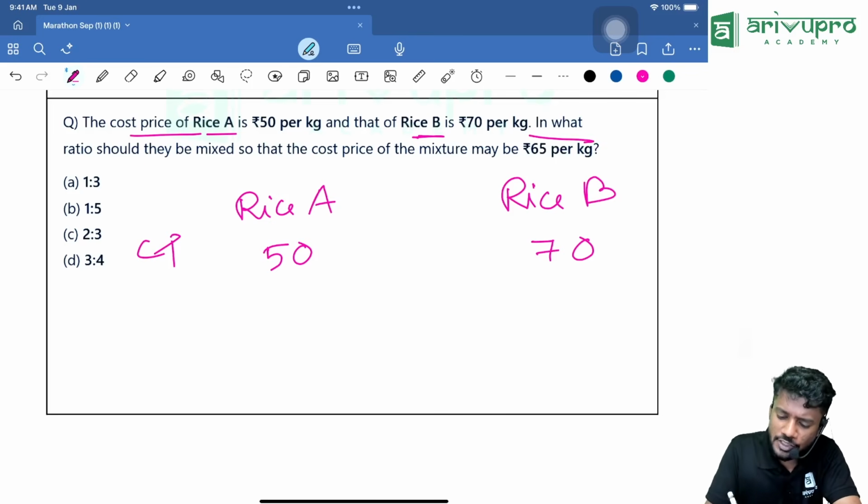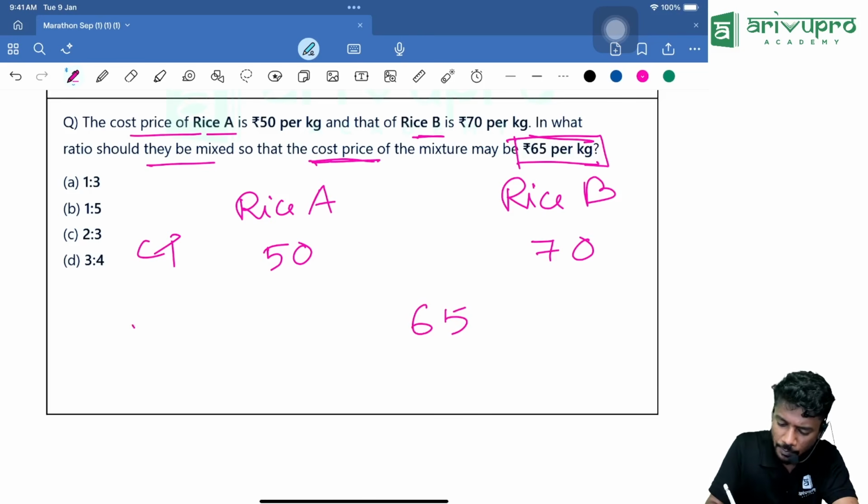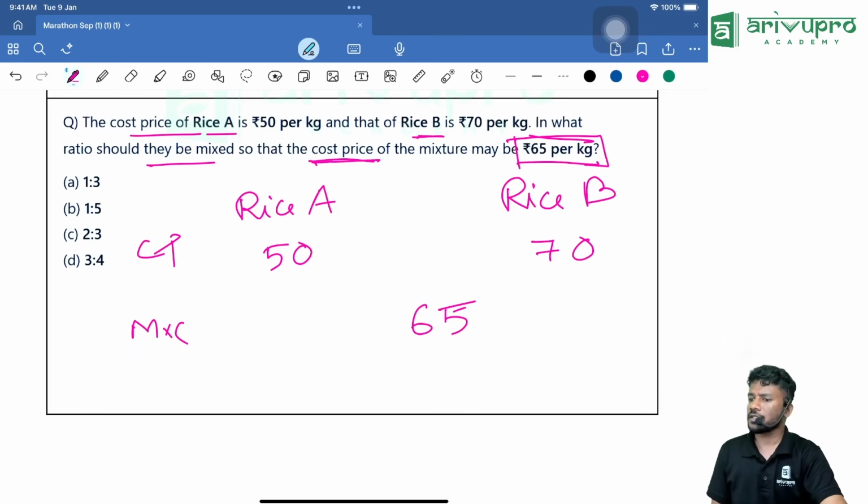In what ratio should they be mixed so that the cost price of the mixture is 65 rupees per kilogram? So the mixture should have 65 as the mixture price. Correct?